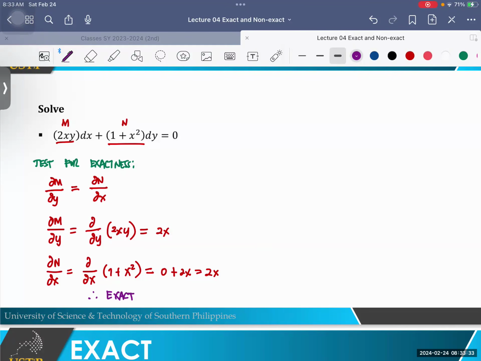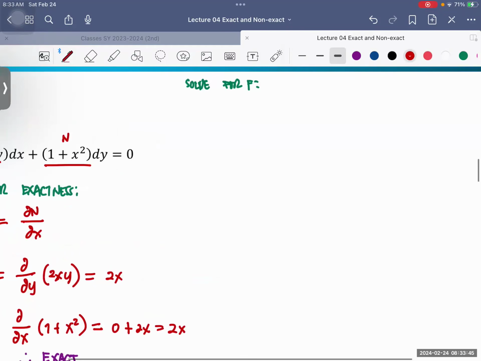Okay, so, when we know that it is exact, then let's solve for f. Solve for f. Okay, how do we solve for f? The first one, class, is the partial derivative of f with respect to x is equal to m. And also, the partial derivative of f with respect to y is equal to n.